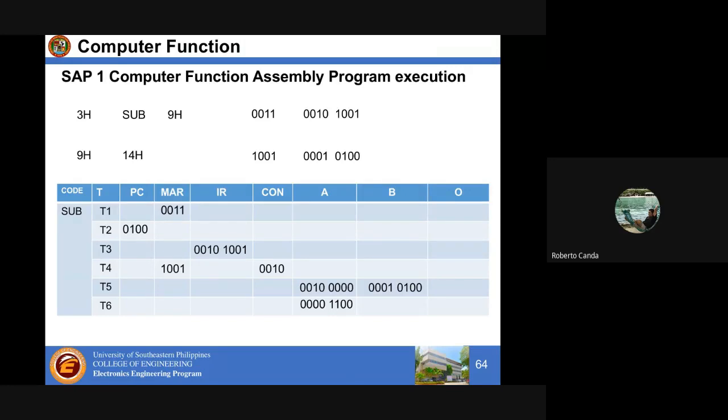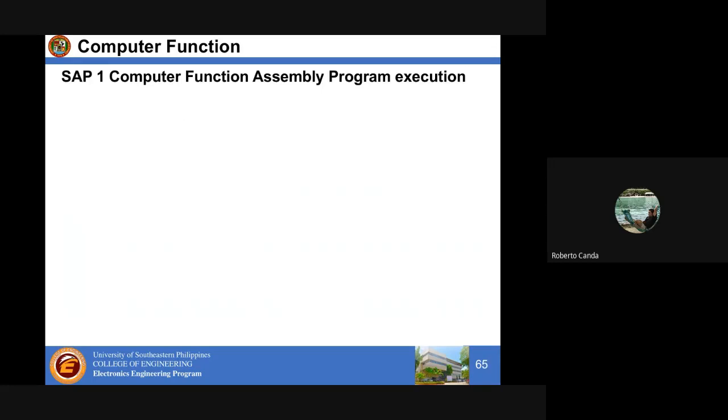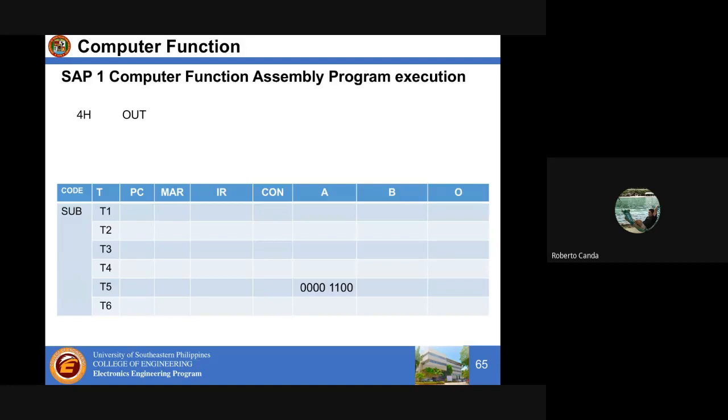And for your fifth line, it is 4H OUT. So the previous data that we have in your PC was 4. It will go to the MAR. At T2, it will increment by 1.